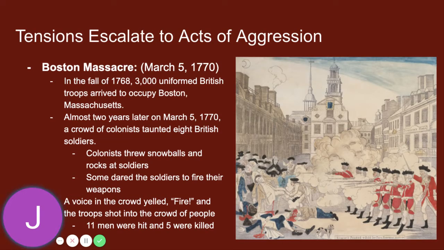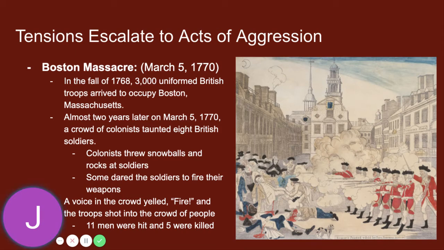So these tensions ended up escalating to acts of aggression, and this was really started with the Boston Massacre, and that's on March 5th of 1770. You've probably heard about this before, but I'm going to go into a little more detail about it. So in the fall of 1768, 3,000 uniformed British troops arrived to occupy Boston, Massachusetts.